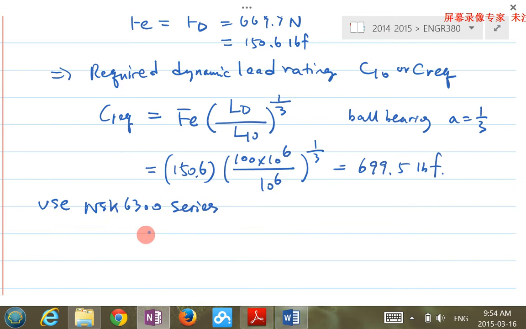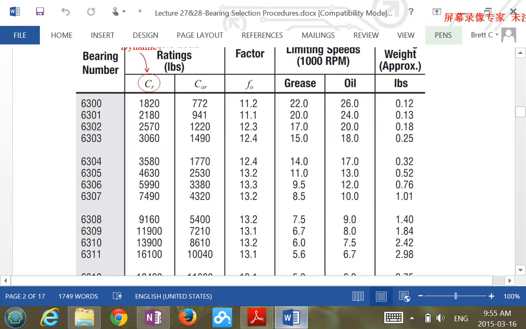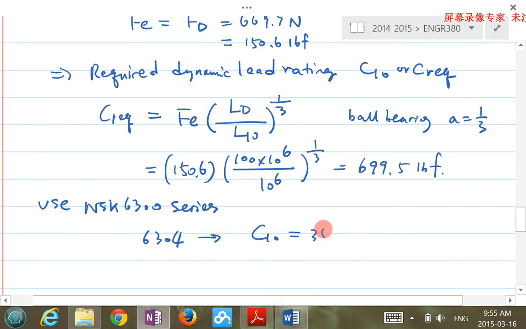Okay, so basically 6304 gives us a C10 equal to 3,580, which is greater than the C required. Okay, yeah. So you can check mark there, and say that's okay.